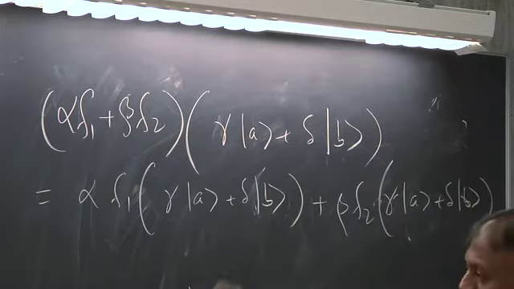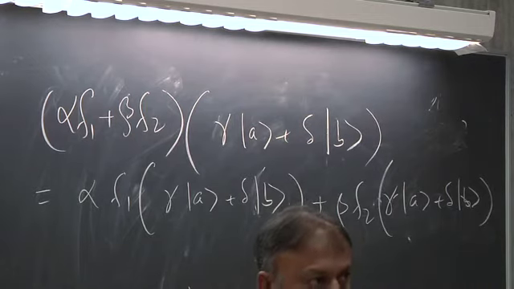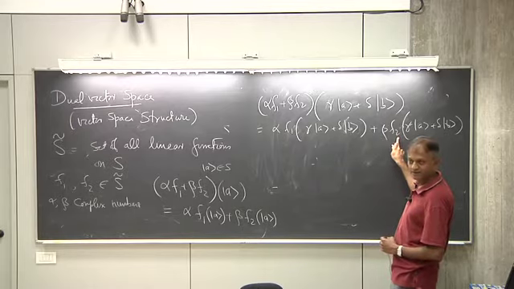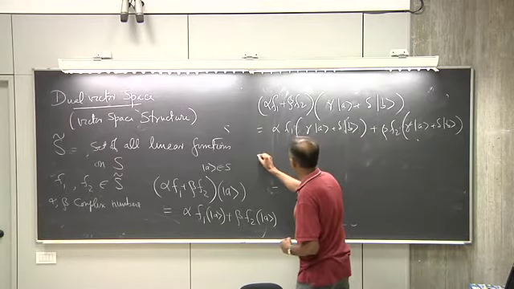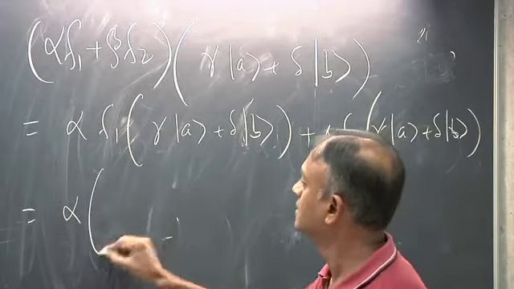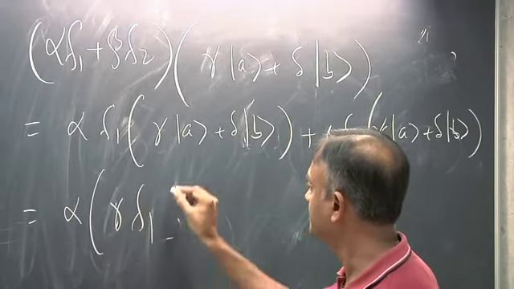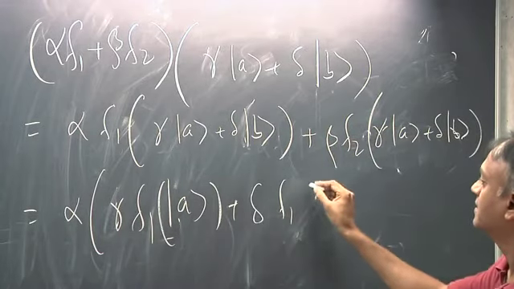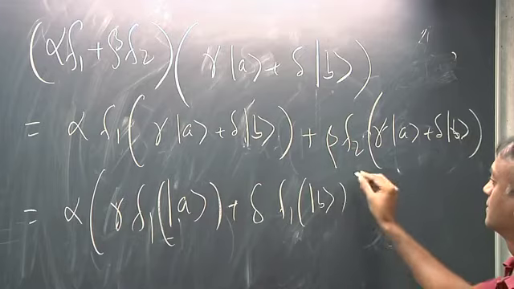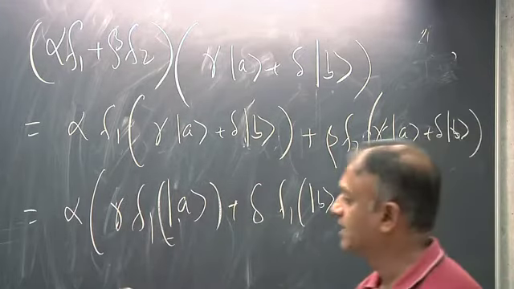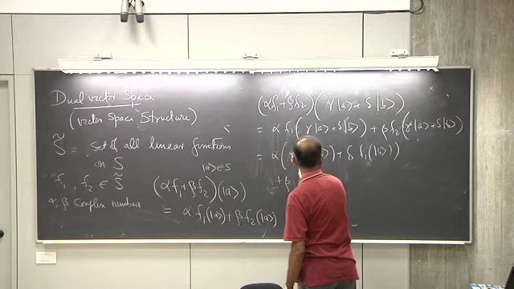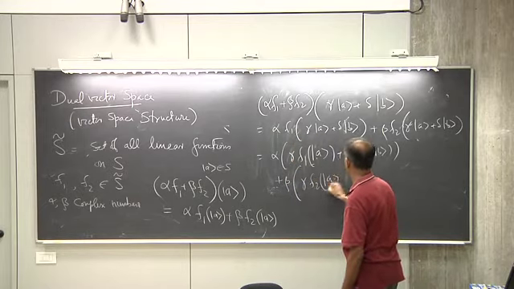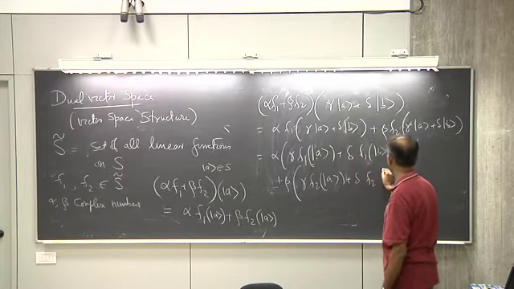So going from here to here, I just use the basic definition. Now I use the fact that F1 and F2 are linear. So this is the same as alpha times gamma F1A plus delta F1B. That's the first term, and here plus beta times gamma F2A plus delta F2B.